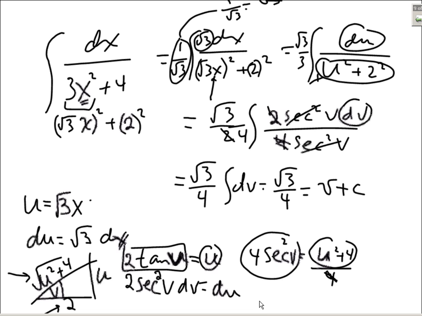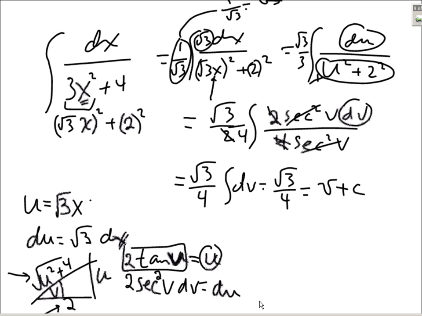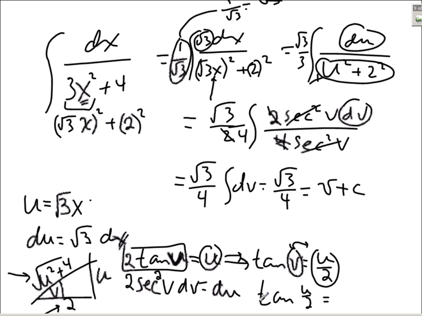Okay, now we need to go back to x's. From this equation here, I know that the tangent of v is u over 2. I can interchange those two. The price I pay is I have to take the inverse.